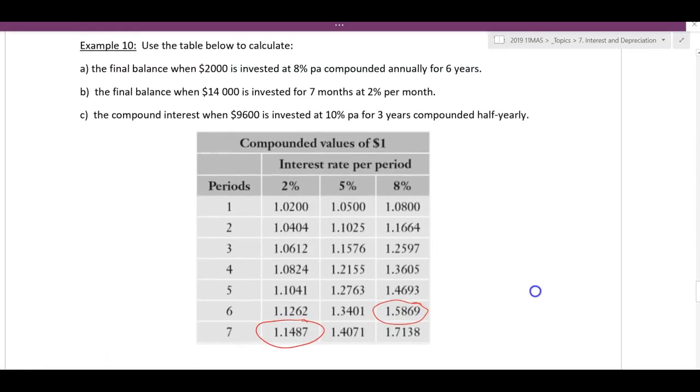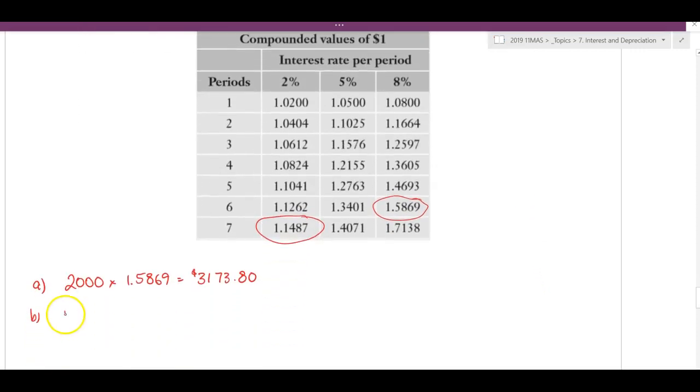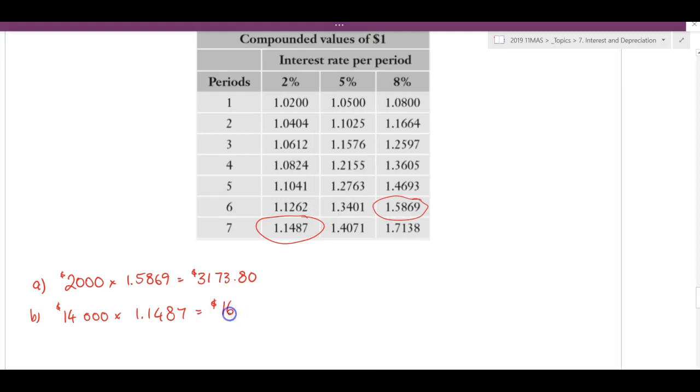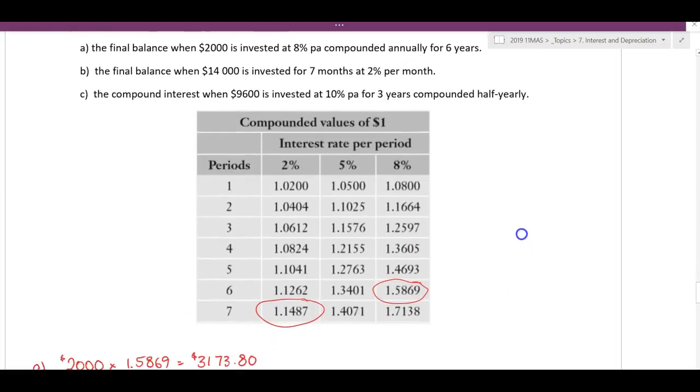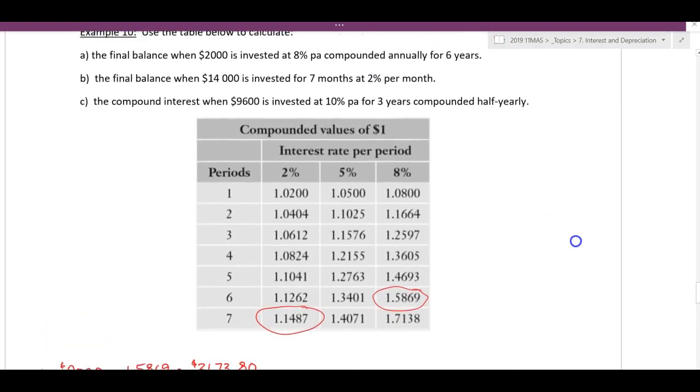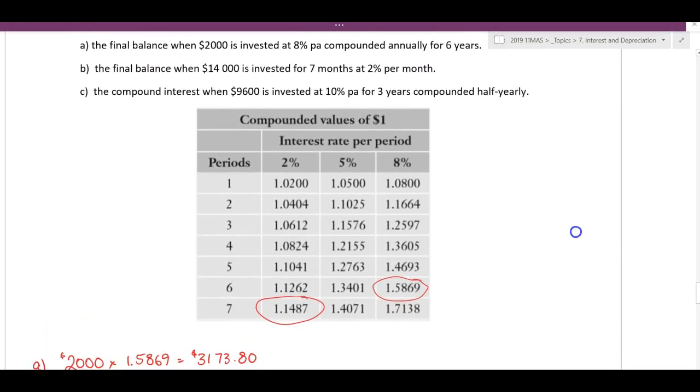So this time, $14,000 times 1.1487, back to the calculator, 1.1487 equals $16,081.80. Please forgive me any transcription errors when I flick back and forth between the calculator and the main screen here. So, is there anything else tricky going on there? No, not really.